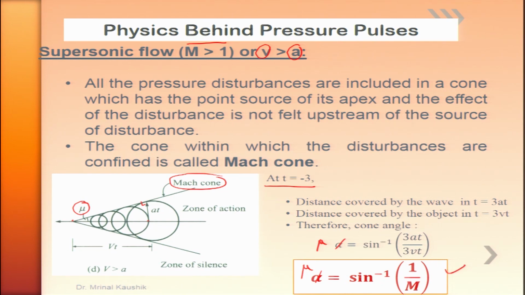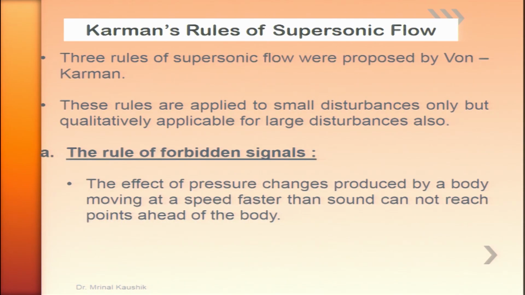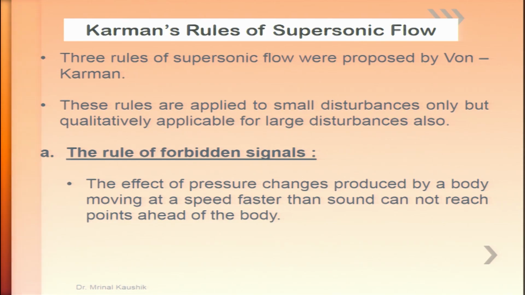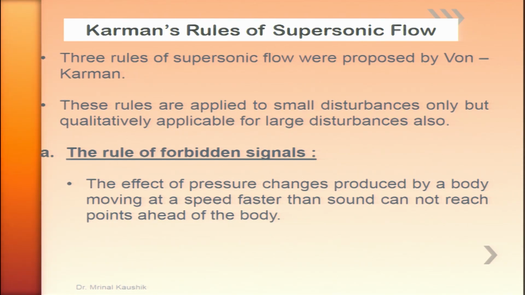Now, all this flow pattern, that is the pressure pattern which we have discussed, is basically explained by von Karman's rules of supersonic flow. There are three supersonic flow rules proposed by von Karman. The first is the rule of forbidden signals.